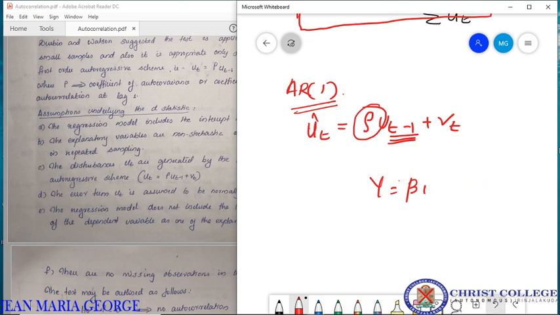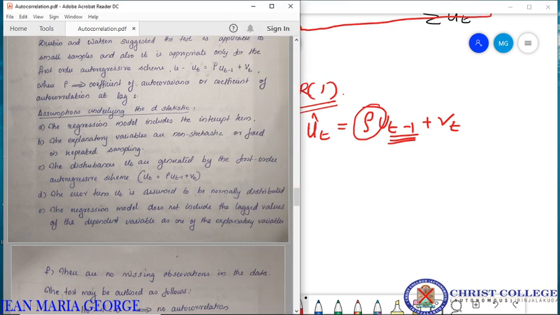Second assumption says that the explanatory variables are non-stochastic, or fixed in repeated sampling. That is an assumption that we have already discussed in the OLS estimation part. The OLS assumption is also saying the same thing. So the explanatory or independent variables are fixed in repeated sampling.